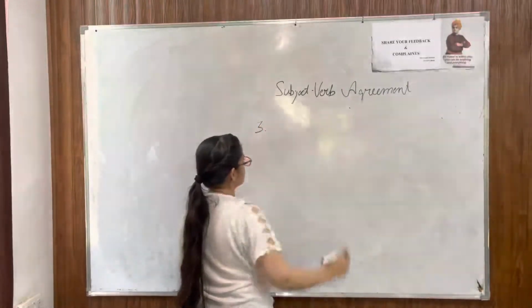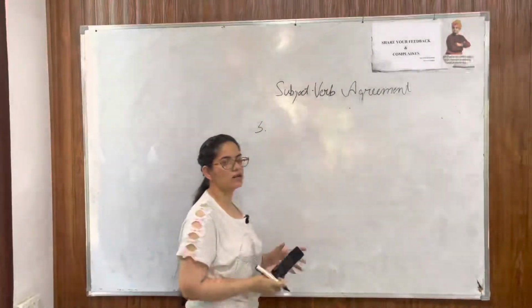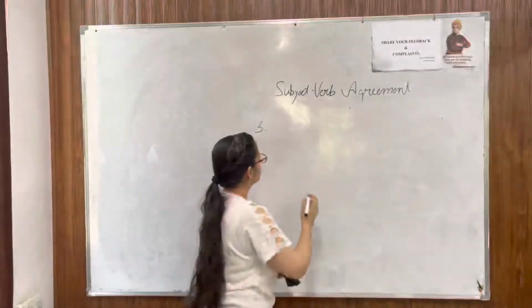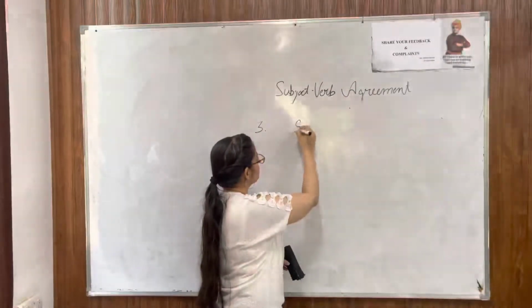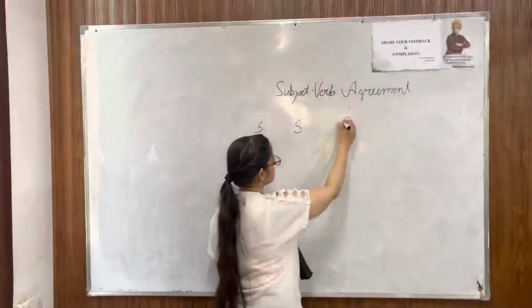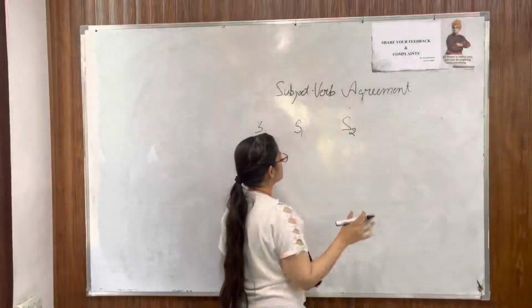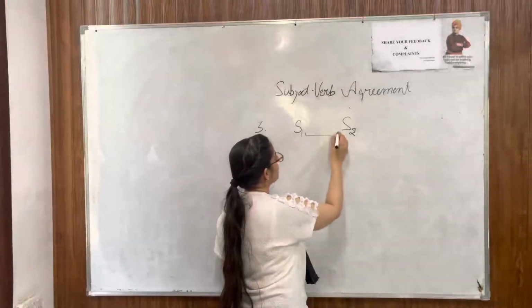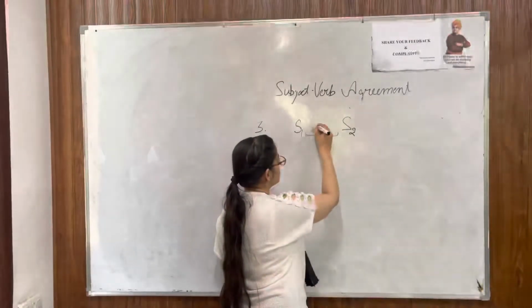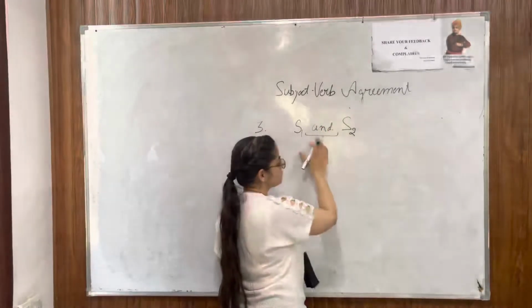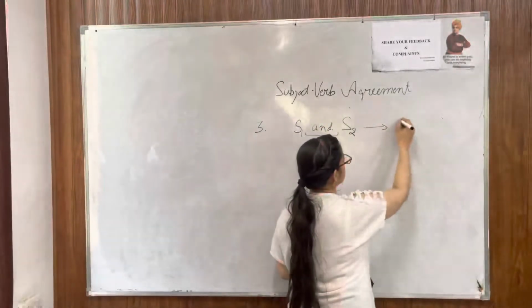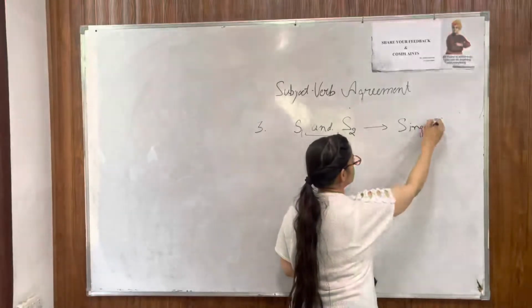Another rule says that when two subjects are very close, okay, for example, we have two subjects, subject 1 and subject 2, irrespective of whether they are plural or singular, but when they are joined by and, and these are very close words, okay, the verb will be singular.